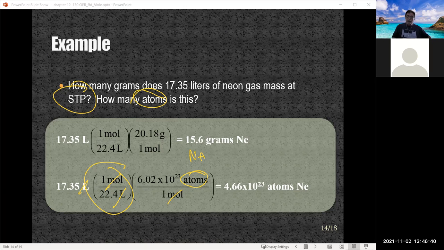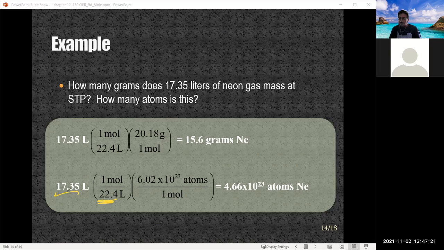So that's what we're looking for. So you plug in the number, and you should come up with 4.66 times 10 to the 23rd atoms. All right, that's a pretty big number. It really is. All right, and then you ask yourself, does that number look reasonable? Well, let's think it through. We're starting off with 17.35 liters, knowing that in 1 mole it's 22.4 liters.